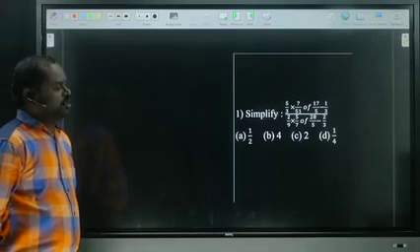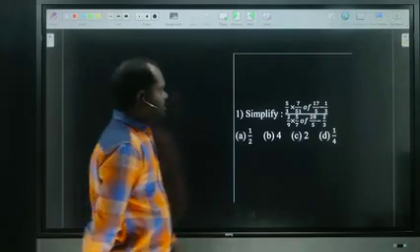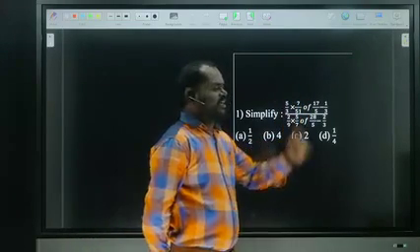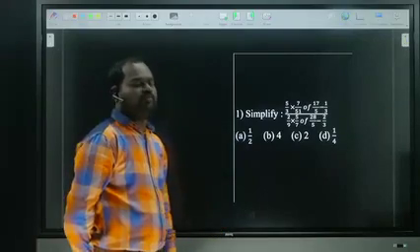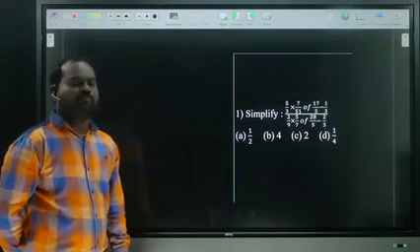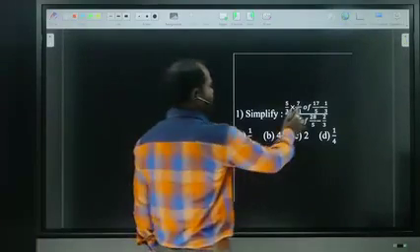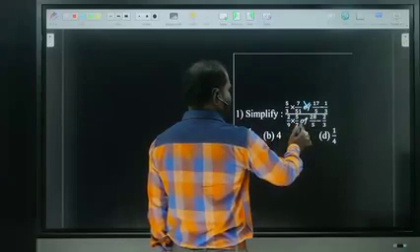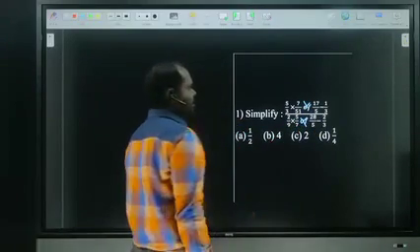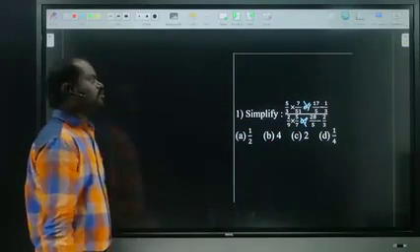As per BODMAS rule, "of" is nothing but multiplication. So here also it is multiplication, that means this entire thing is multiplied by only this. Now as per BODMAS rule, what will cancel?